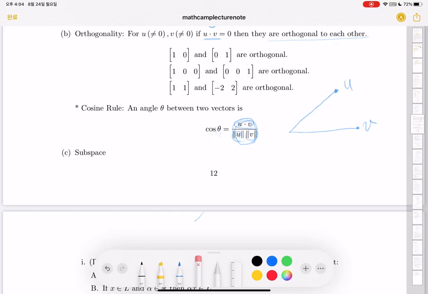Let's suppose this is a two-dimensional vector. Then the angle is defined this way.